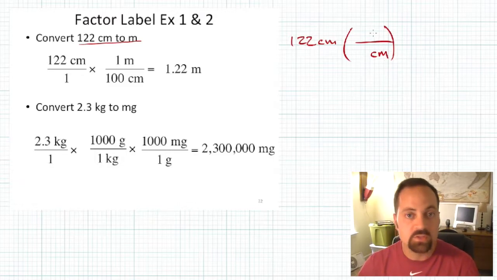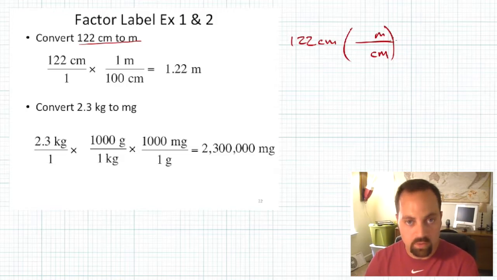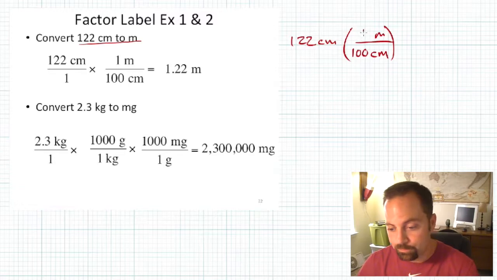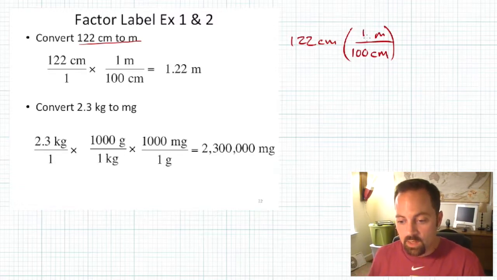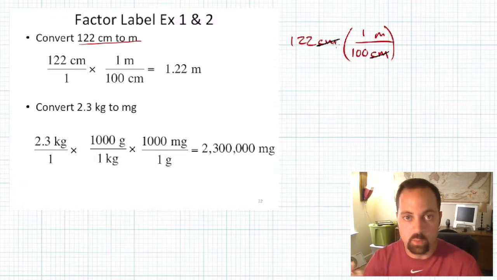But now I've got to finish this fraction just so that the fraction is equal to 1. I want to convert to meters. I think I can convert centimeters to meters pretty easily. Centi means 1/100th, so there are 100 of them in a meter. And now I can cancel out my centimeters. Goes away, goes away. And this is actually very similar to what we just did a minute ago.